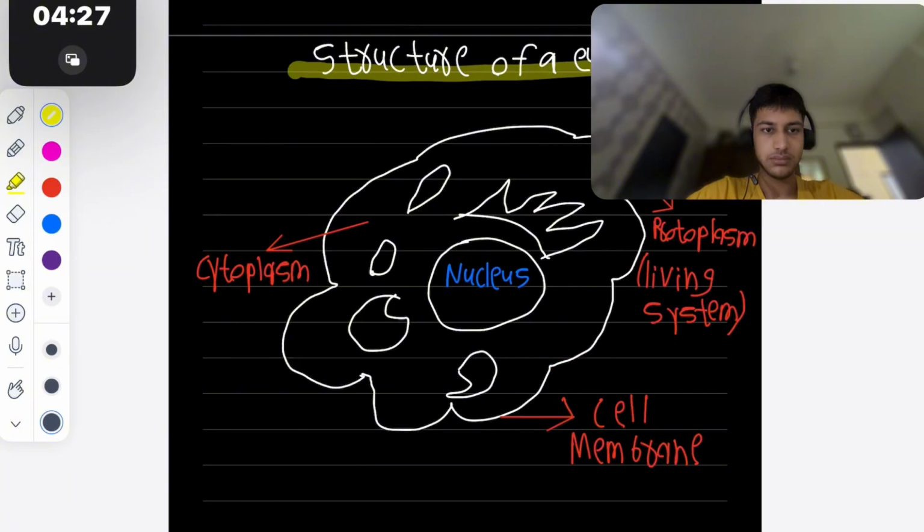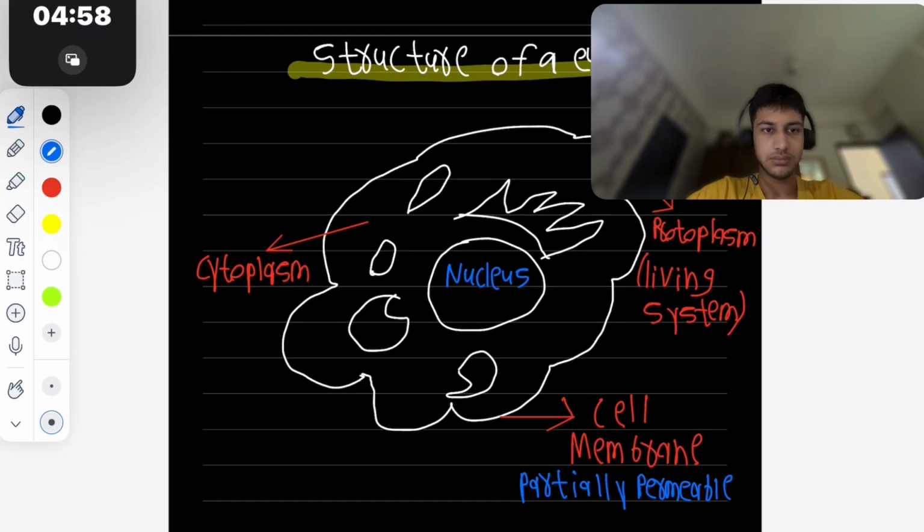You know what the cell membrane does? We are going to study the cell membrane very clearly later on. So what does the cell membrane do? The cell membrane is partially permeable.